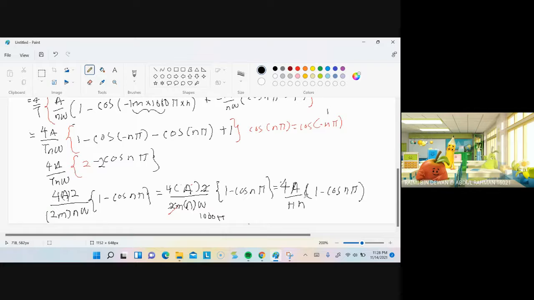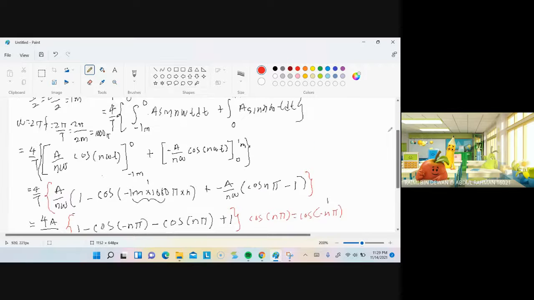So here, this portion, I do it here. If you see this one, the 2 is cancelled out with this 2. Then you have m and omega here, so you have 1 milli times your omega.